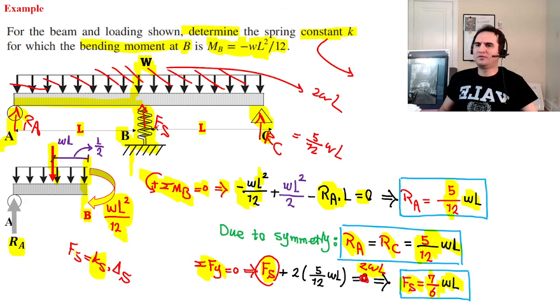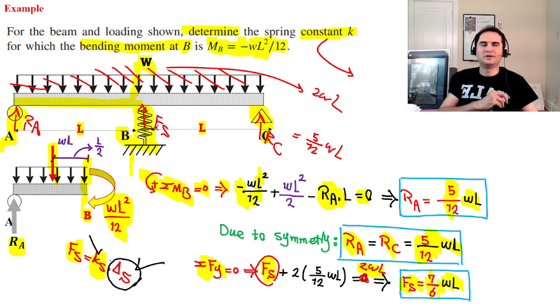So far we know what Fs is. If we calculate delta S, we can easily calculate the spring constant.